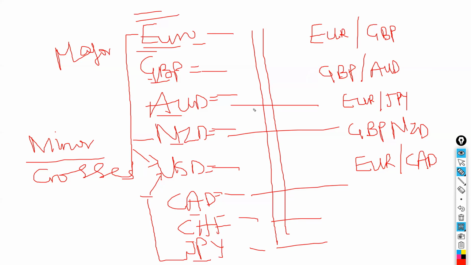So any currency you cannot find on this list of 8 currencies, whenever you find them paired against any of these currencies, they are exotic currency pairs.